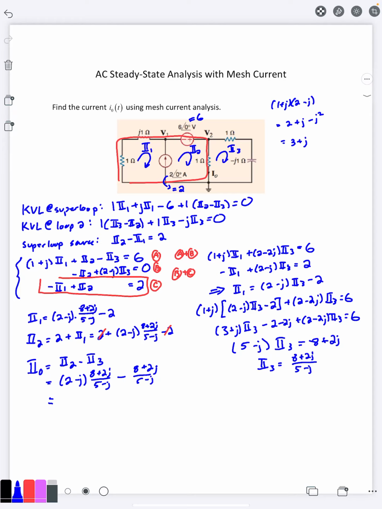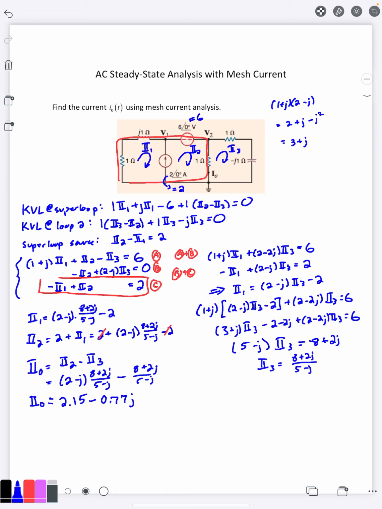And I'm going to get this number here. Again, this is not perfect in fraction form, but we're going to approximate to decimal. 2.15 minus 0.77j. That gives me my phasor current I0. But again, I0 is a function of t, so I need to change it from phasor back into the time domain. And the easiest way to do that is to convert that back into polar coordinates.